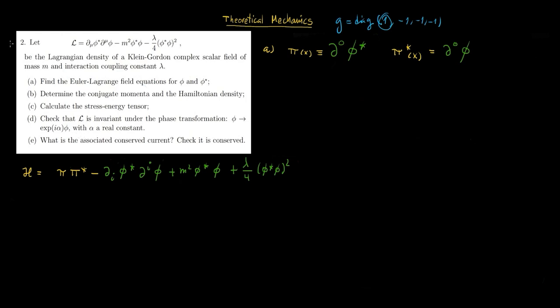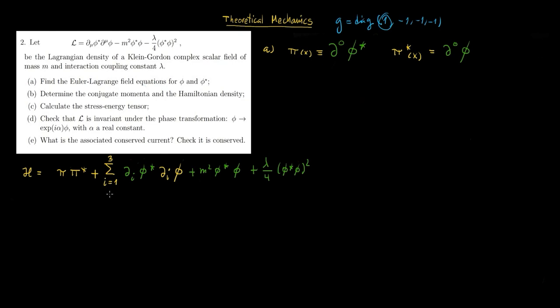We can do something else, because we can lower the index changing the sign, minus partial i phi. This minus with this minus is plus. And remember, this is a sum, and then it's convenient to write the sum from i equals 1 to 3.